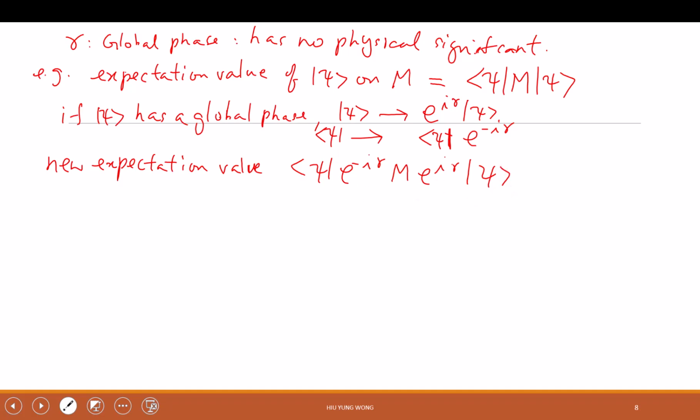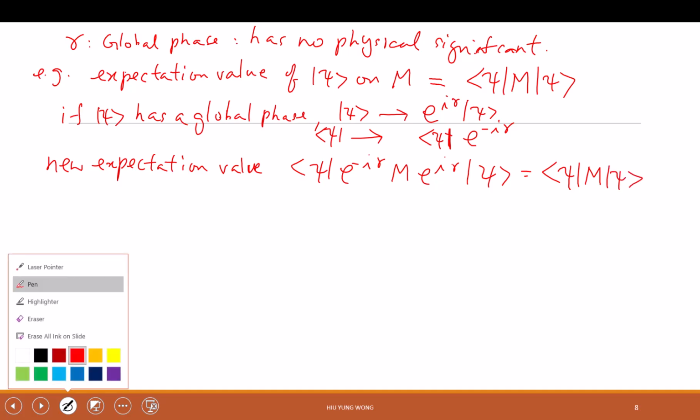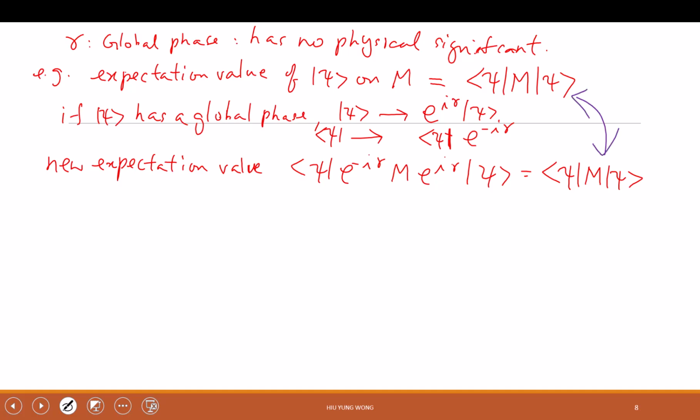So what is e to the power negative i gamma times e to the power i gamma? Just e to the 0, very good, which is 1, right? So it's unchanged. This just shows that what we care the most about, which is the measurement, does not depend on the global phase. So global phase is not important in this sense.